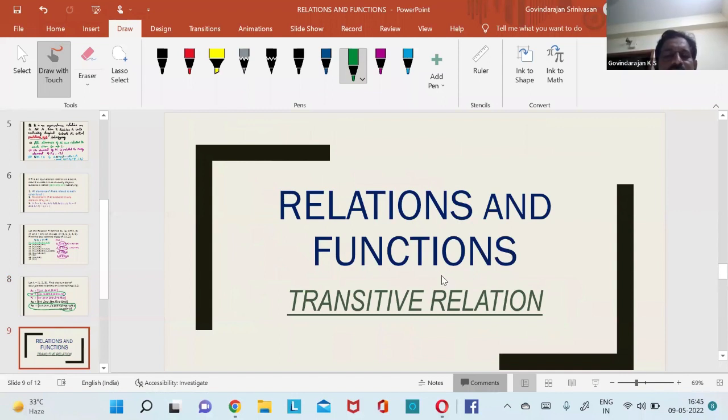About that transitive relation, now there's the same question I asked. We are going to see the transitive relation differently.